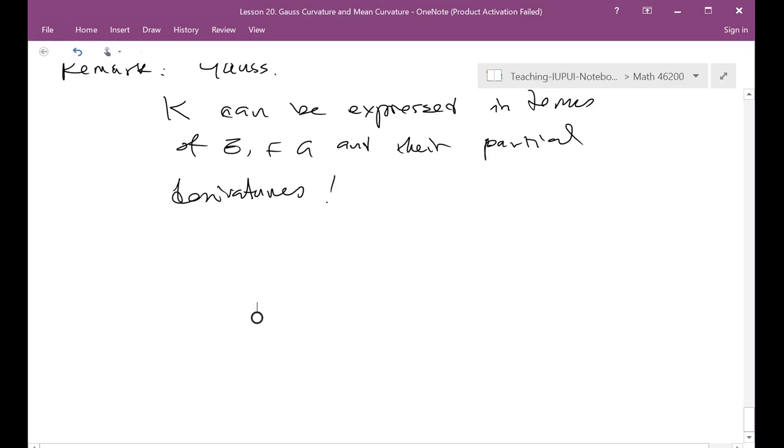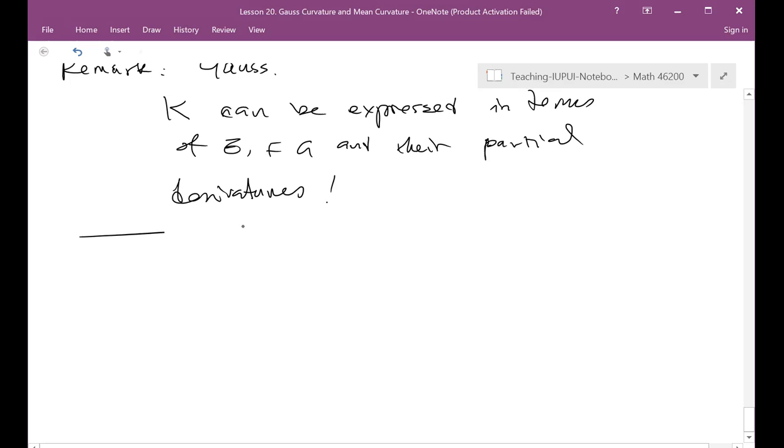The surface of revolution, at least in one direction, is curved evenly, right? When you rotate the curve in space. But in the other direction, it is curved not evenly. It depends on the curve you're given, right?